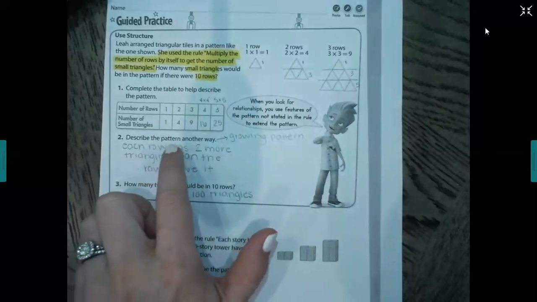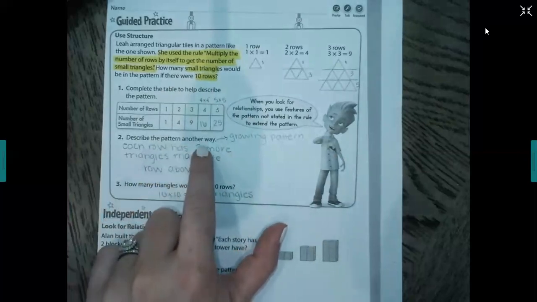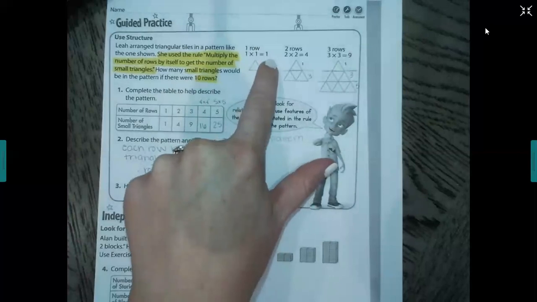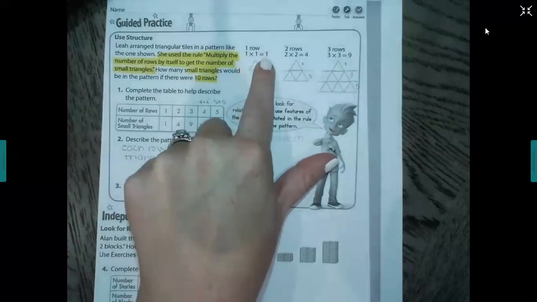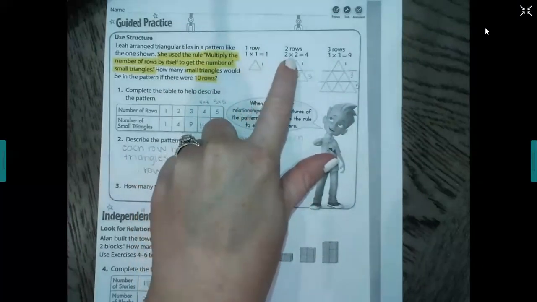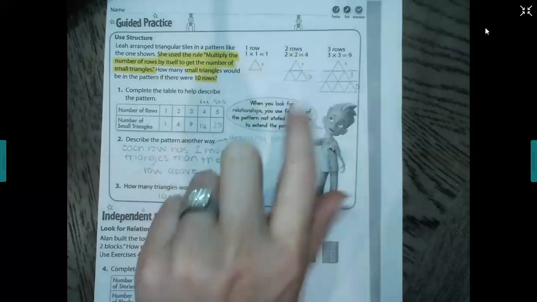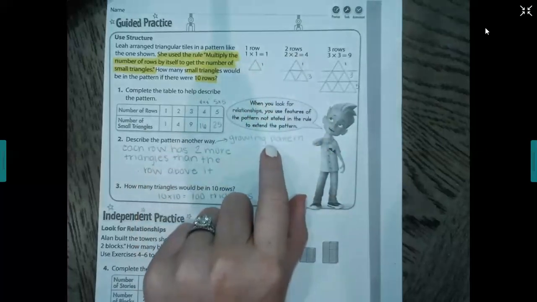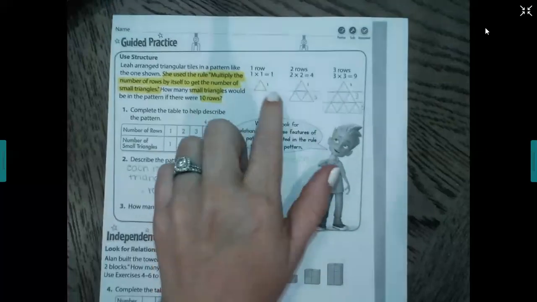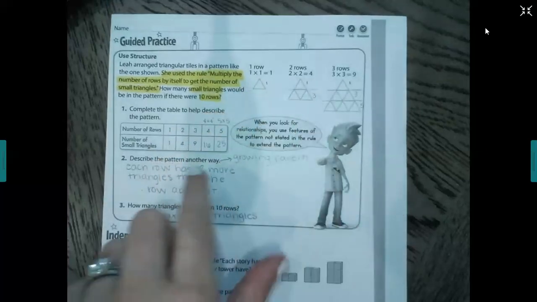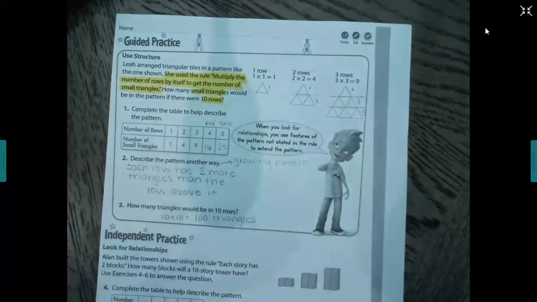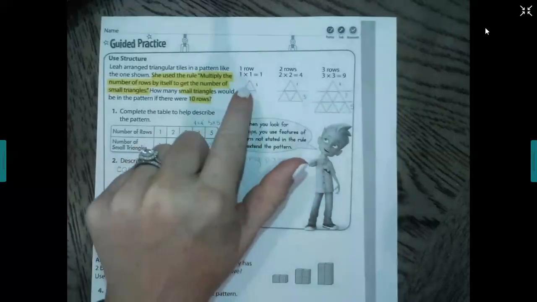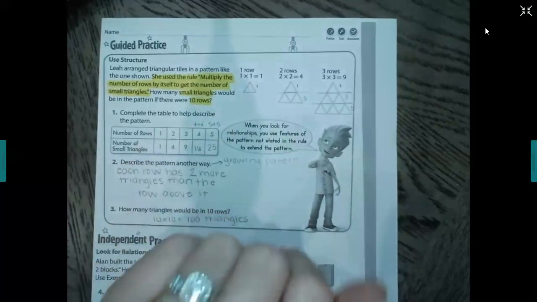Now it says describe the pattern another way. Well, each time I add a row, the number of triangles grow or get bigger. This is called a growing pattern. So let's look at the number of triangles and the rows that are in each one. For 1 row, I have 1 triangle.